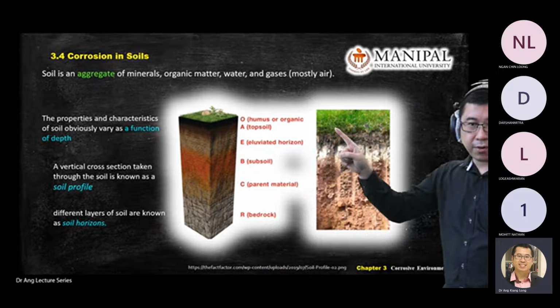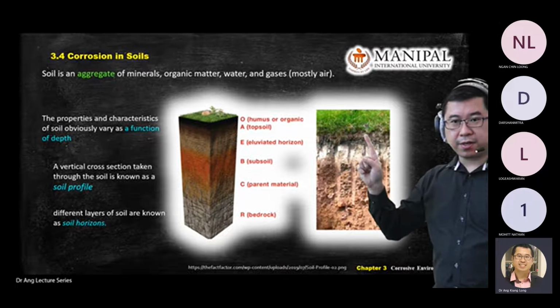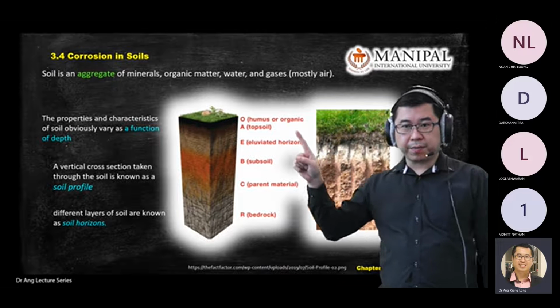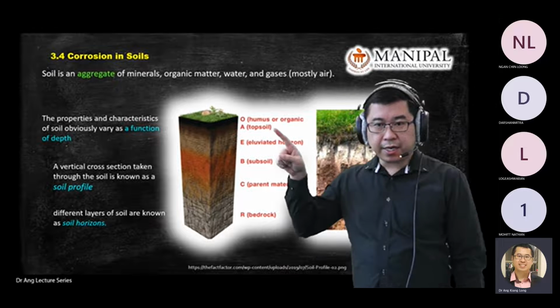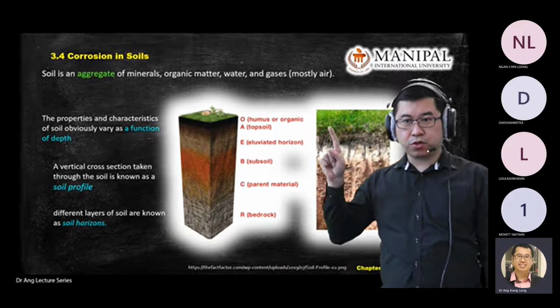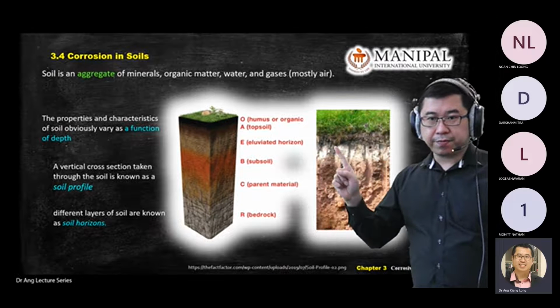At the first level, under the grass, you see there's a black soil, which consists of dead bodies and organic matter. Then you have the topsoil, A. O is the first layer, A is the topsoil.